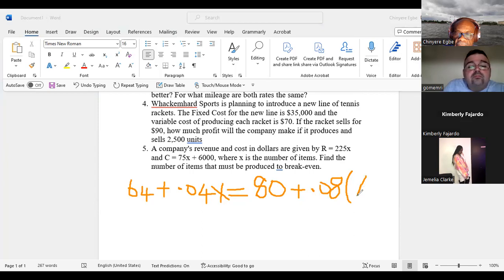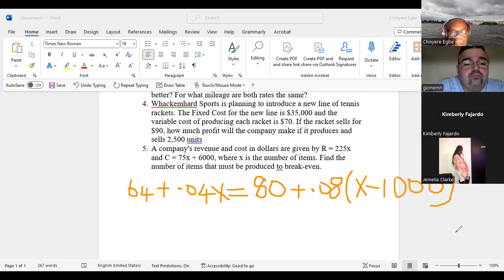Plus x times x minus $1,000. Okay, so now we have the equation. So we're going to try to solve for x.